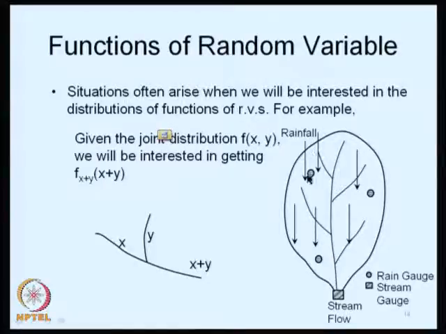We may have estimated the probability densities of the rainfall in the catchment area, and we would be interested in getting the probability densities of the stream flow at this location. Such situations lead to the derived densities for functions of random variables. We will see how these can be obtained.